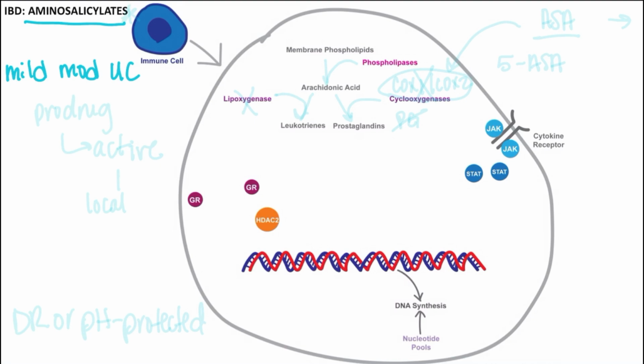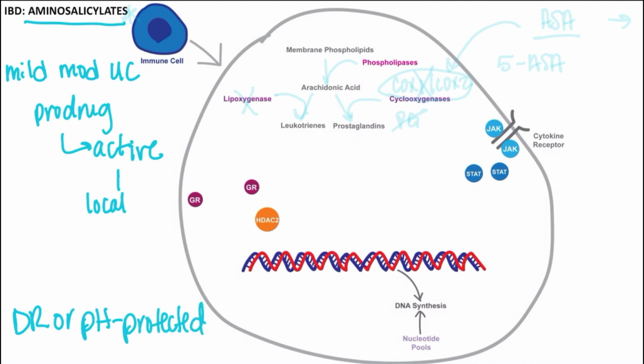Now, the structure of some of these agents ensures that they are delivered in their prodrug form to the colon, where they are cleaved by colonic bacteria to give their active metabolite, to exert their effects locally to reduce inflammation. Or these agents are formulated to be delayed release or pH protected, so that they can reach their site of action in the colon.